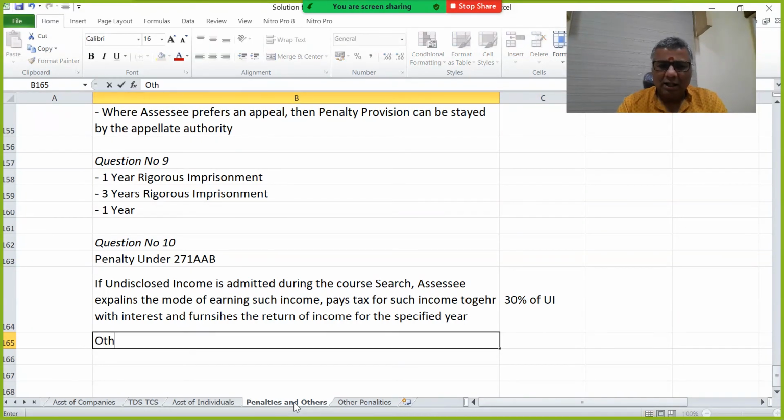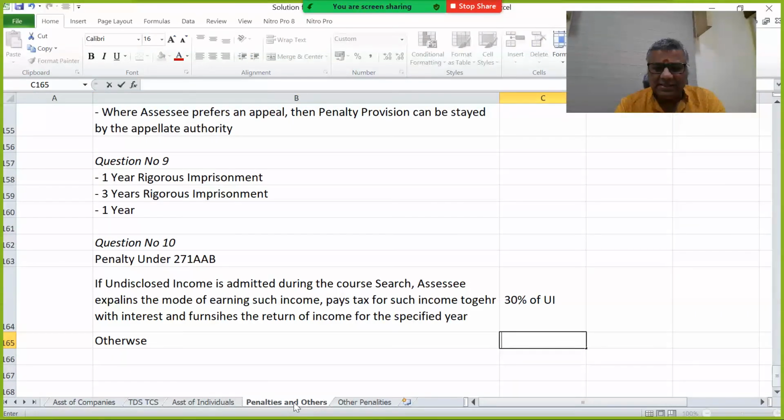Otherwise, it will be 60% of the undisclosed income.